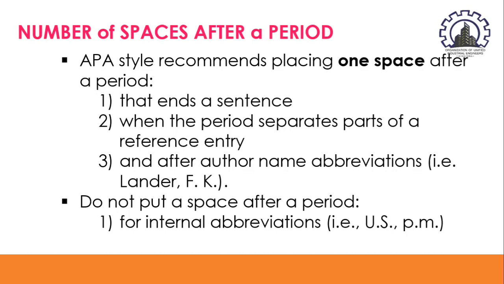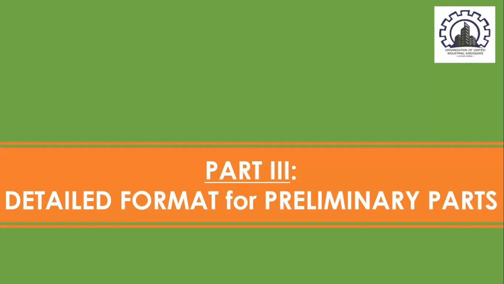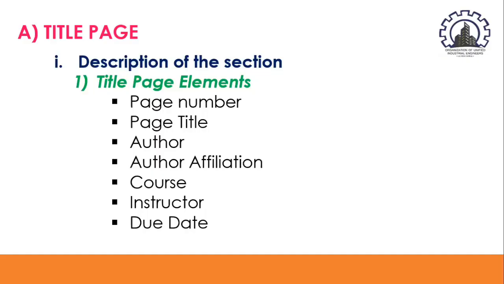So the next key area that we're going to be discussing right now, that would be the detailed format for preliminary parts. And let us start by discussing the title page. Now, take note that there is a huge difference between the APA 6th edition guideline and this current guideline, which is the 7th edition.